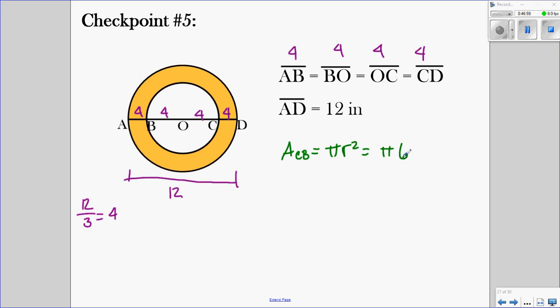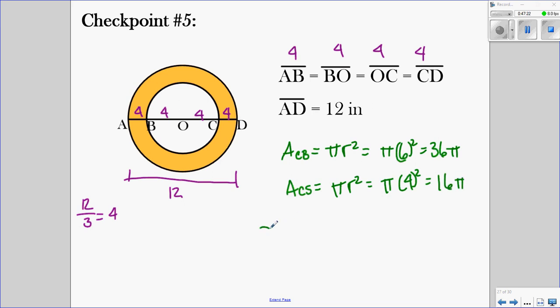So it will be 6 squared, and then it'll be 36 pi. And then the area of the smaller circle, the white circle. The diameter is 8. Half of that is 4. That's the radius. So that would be 16 pi.